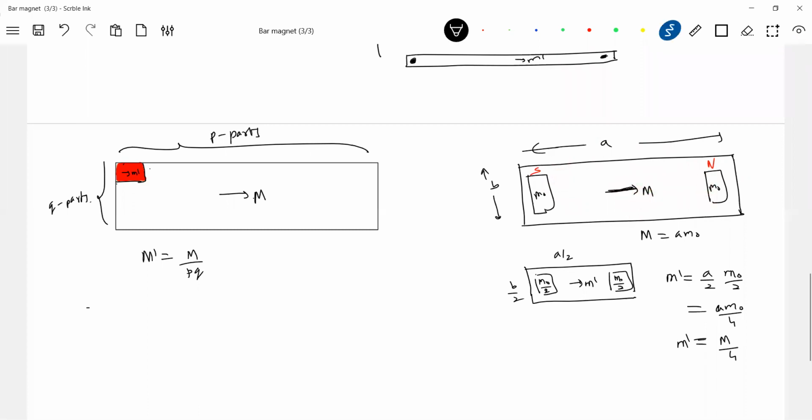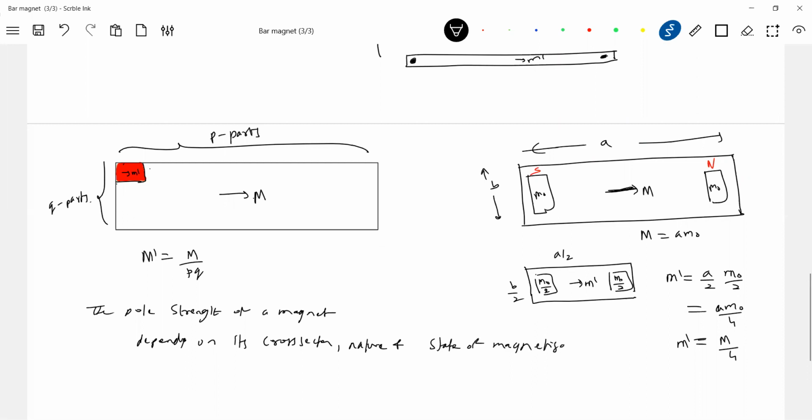Now the pole strength of a magnet depends on cross section, nature, and state of magnetization.